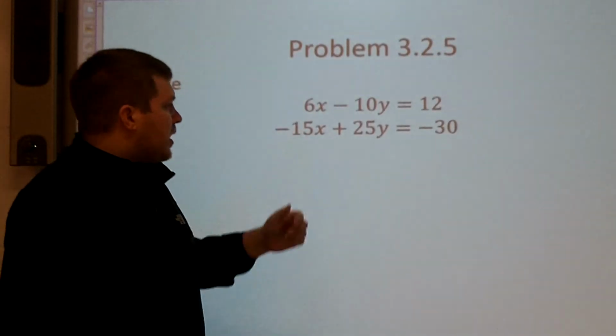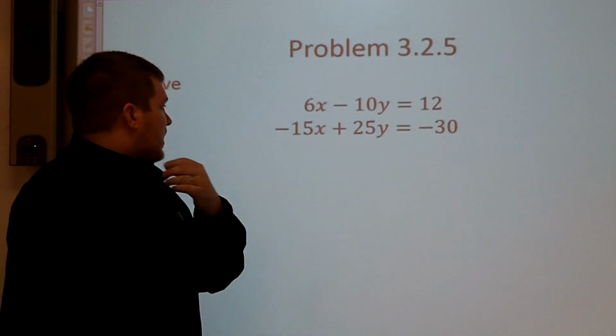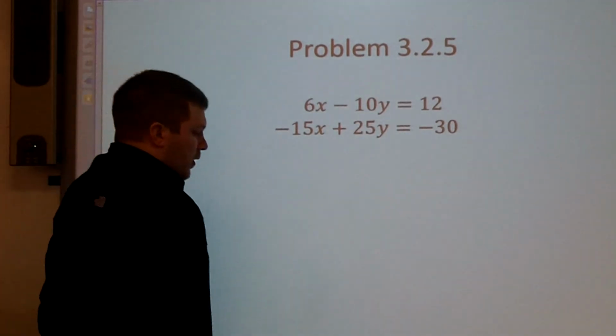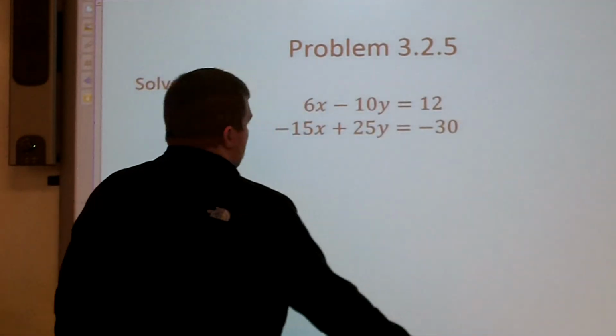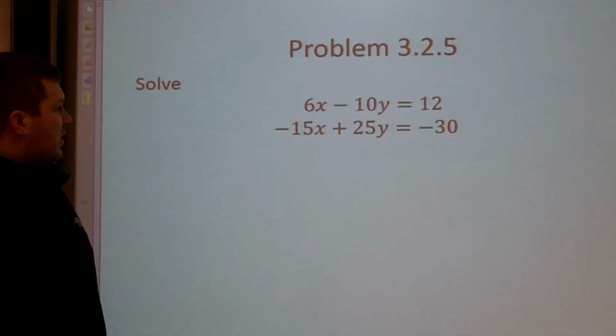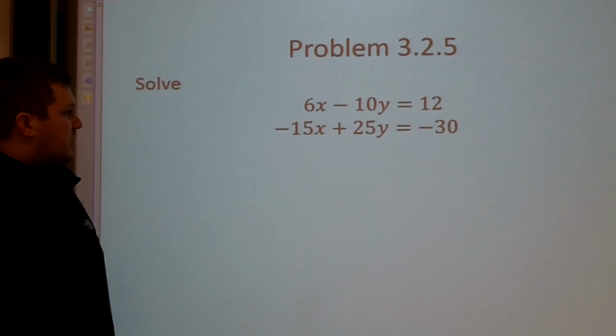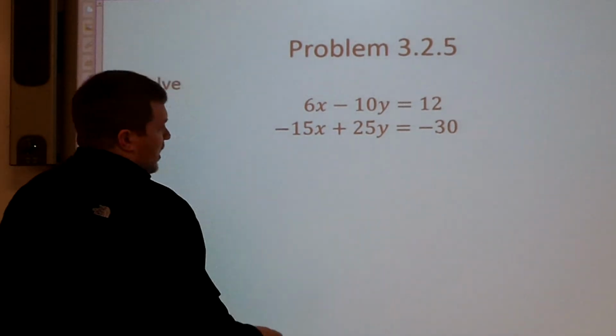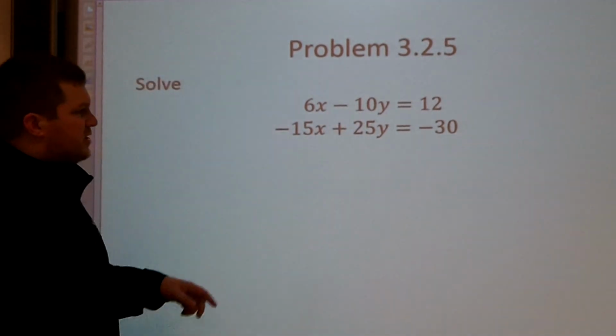Okay, so what we're going to do is do the same thing. We can either solve by substitution or elimination. So here, I think elimination might be easier to do. There's really no good choice here, so let's eliminate the y's. To eliminate the y's, I want my y's to be additive inverses of each other.